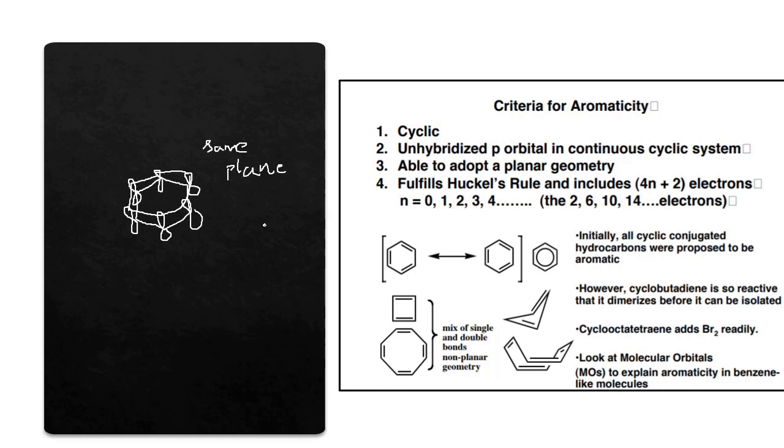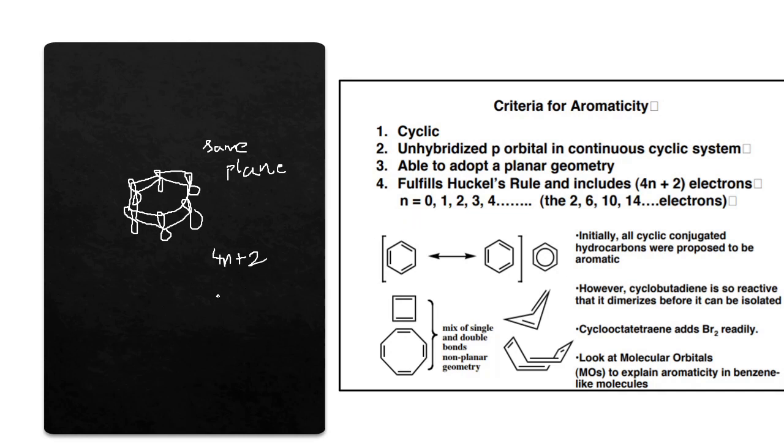And finally, the molecule should fulfill Huckel's rule, and it should have 4n plus 2 pi electrons, where n can be an integer from 0 to n.